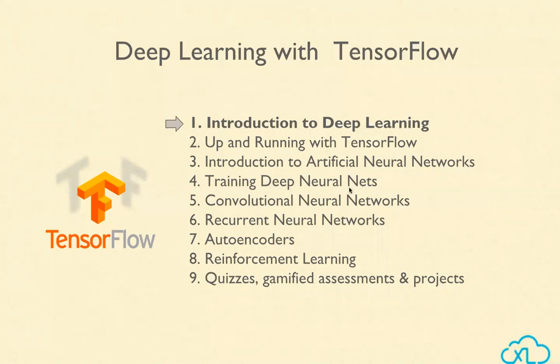Then we will be learning deep neural networks, and then convolutional neural networks, recurrent neural networks, and autoencoders. Here we'll also be learning how Google Translate kind of systems work. Here we'll be learning how image recognition and complex systems work. And here we will be learning how, if you have to automate stock trading, you would build that using neural networks.